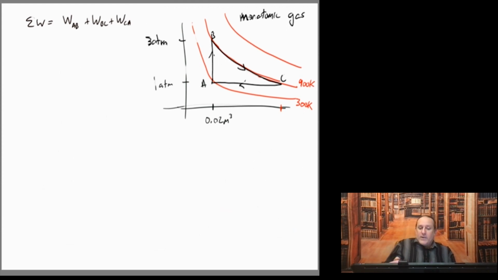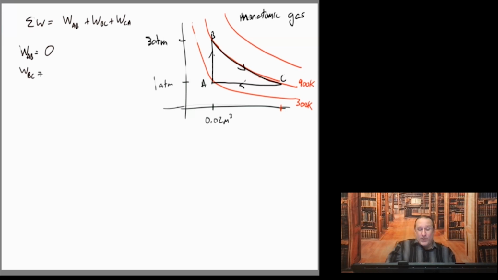And then we can consider the work from each of these segments. So the work AB, well, that's isovolumetric, so there's no area underneath the line from A to B, so that work is just 0.